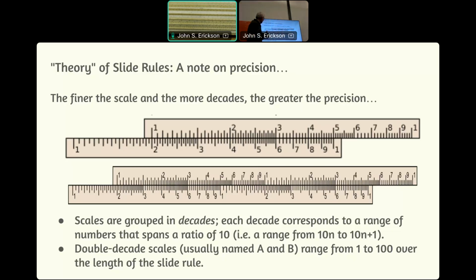But here we've got multiple scales, which allows us to do, so like we could do 2 times, this is up to 10, and now this is 20.